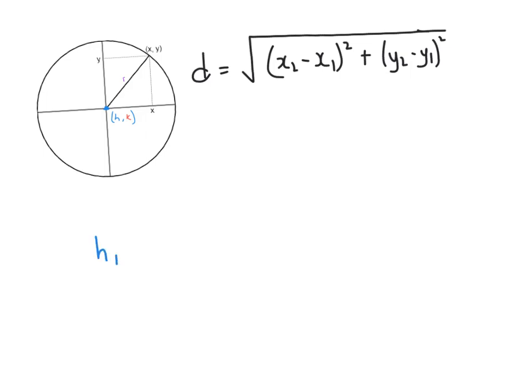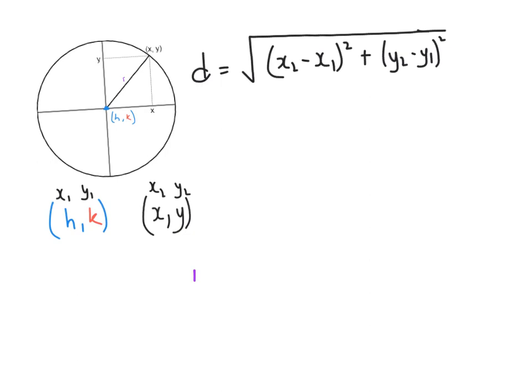We've got h comma k, the center of our circle, so I'm going to call that x1, y1. And we also know that another point on that radius line is x, y. In fact, this is the length that we're trying to find, the length of the radius. So that's x2, y2, and the distance is equal to our radius r.